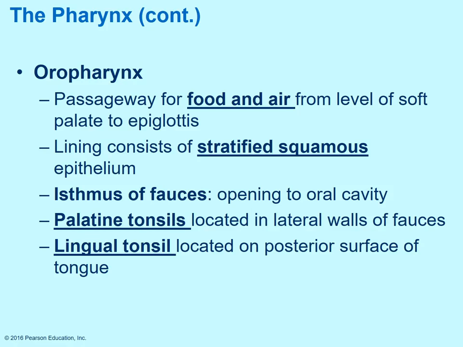As I said, the oropharynx comes from near the back of the mouth, and so it's shared with the digestive system whenever you swallow food, or if you're breathing through your mouth, it will go through here. So it goes from the soft palate to the epiglottis. You do have both the palatine tonsils and the lingual tonsils associated.